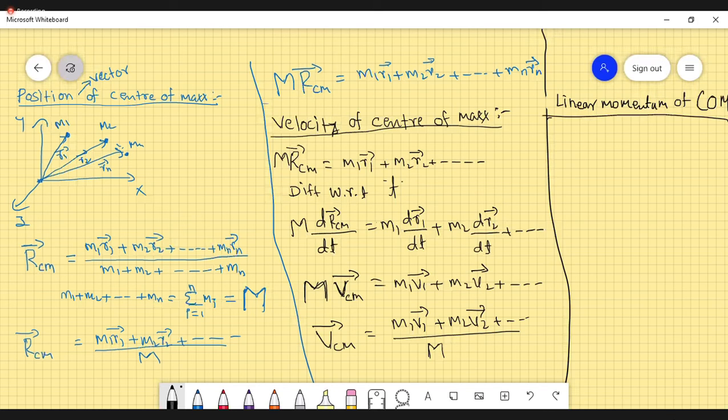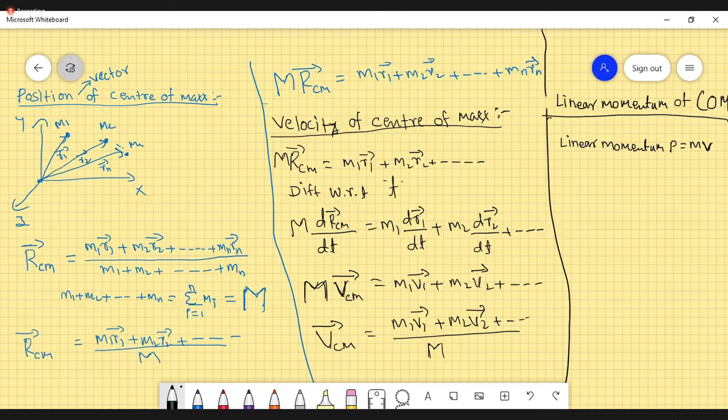What is linear momentum? Linear momentum is nothing but the product of mass and velocity. Yes, sir. So P equals mass into velocity.